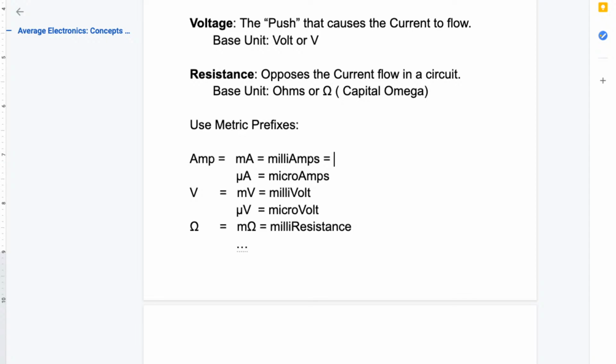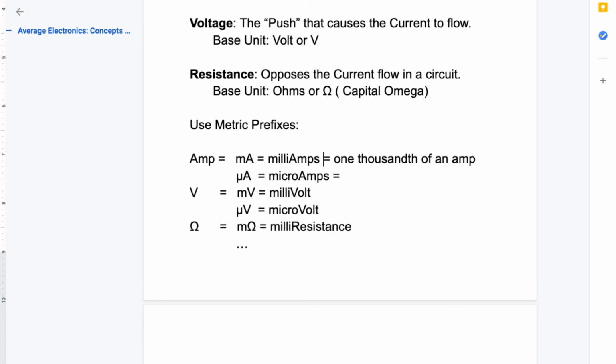So this will equal one thousandth of an amp.